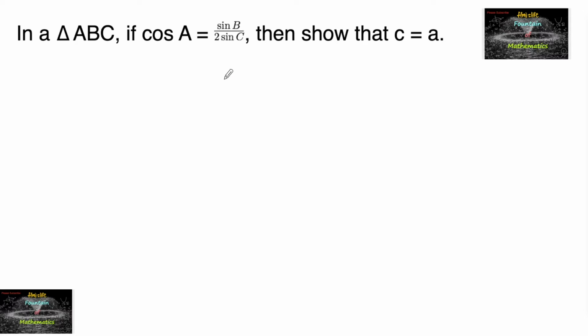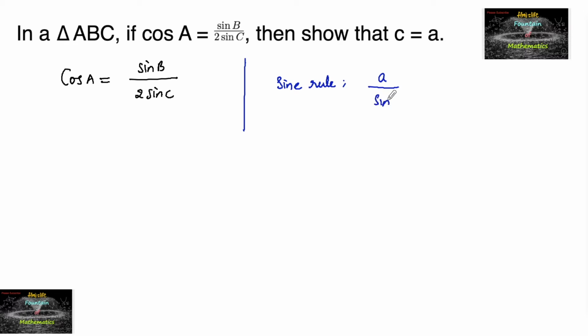In a triangle ABC, if cos A is equal to sin B upon 2 times sin C, then show that c is equal to a. So we have from sine rule, sine formula, we can say a upon sin A equals b upon sin B equals c upon sin C is equal to some constant, or in general you can take 2R, or let me take it as k, constant.